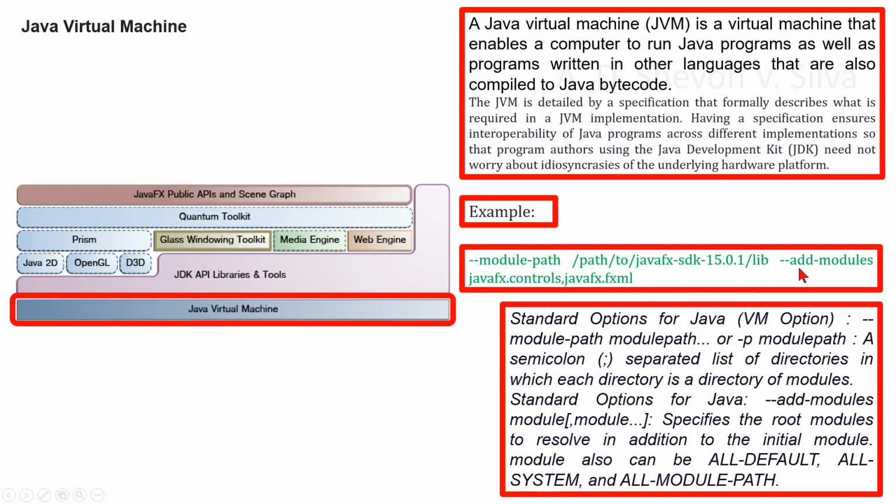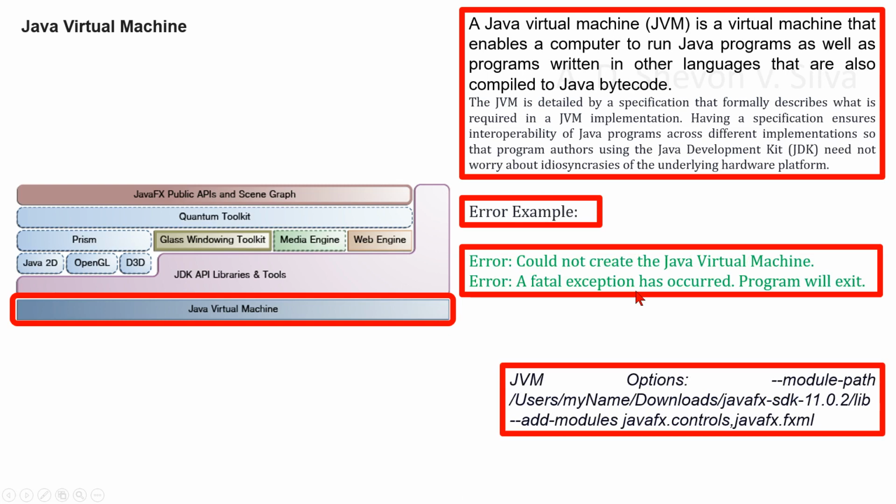Standard options for Java: --add-modules. Module specifies the root modules to resolve in addition to the initial module. Modules also can be ALL-DEFAULT, ALL-SYSTEM, and ALL-MODULE-PATH.